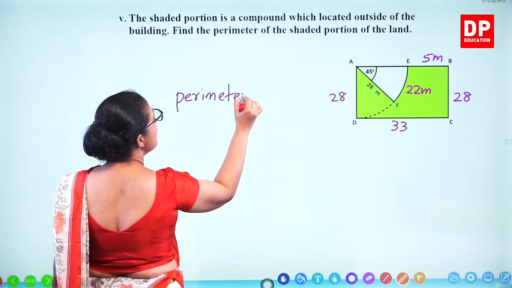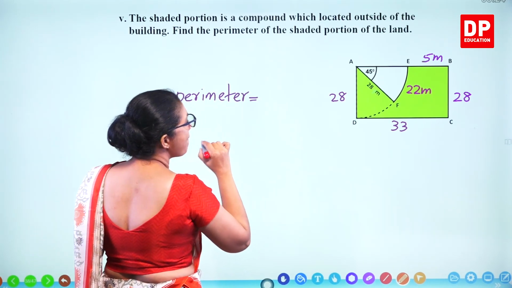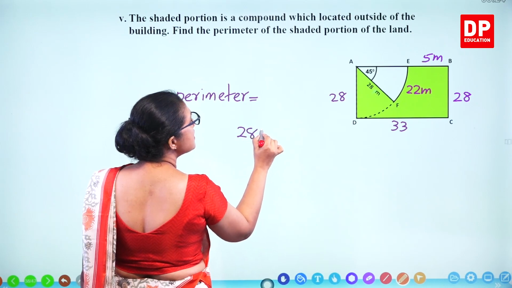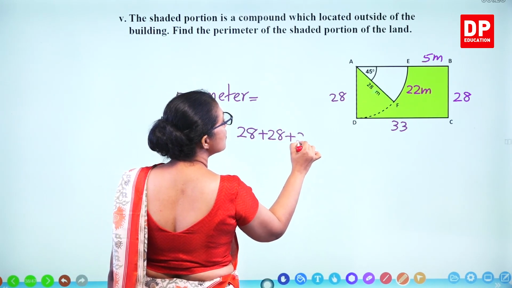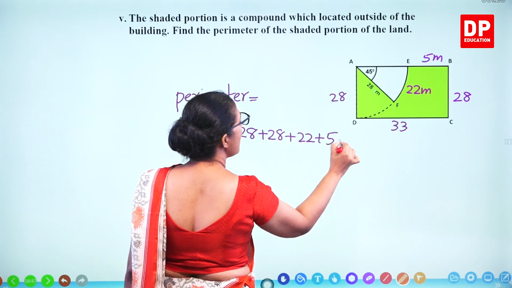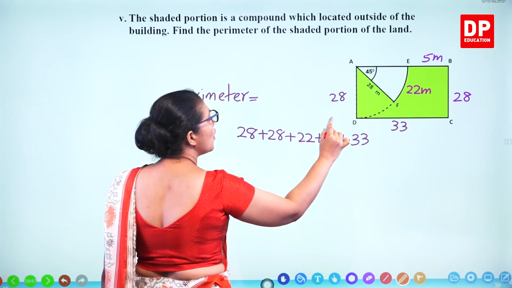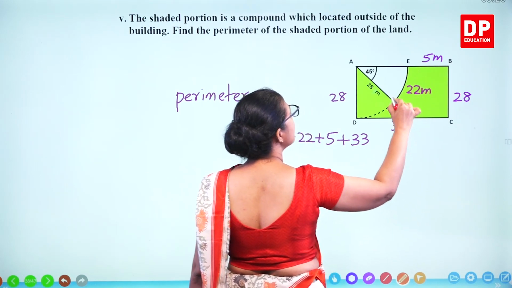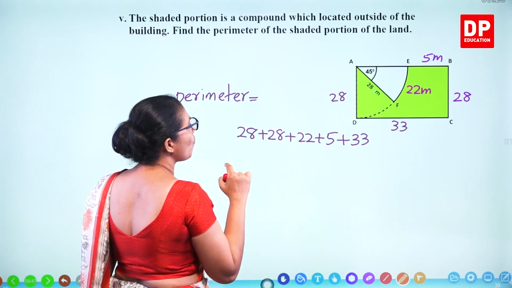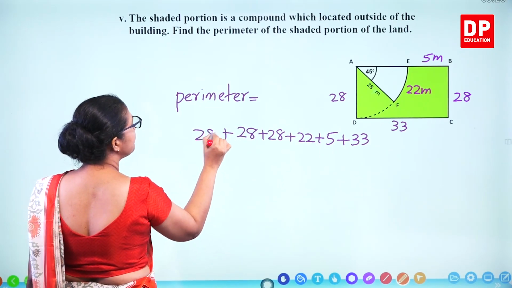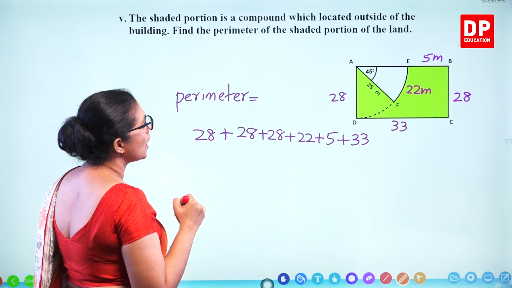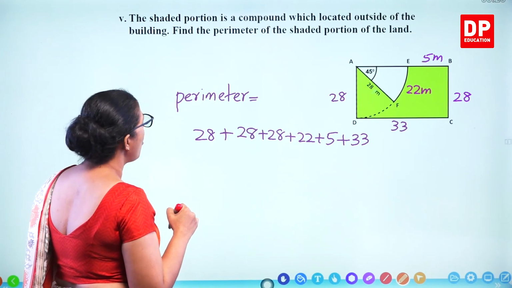So perimeter becomes 28, 28, 22, 5 and 33. All these outer lengths. Here we forgot to take this 28 as well. So all lengths are there.